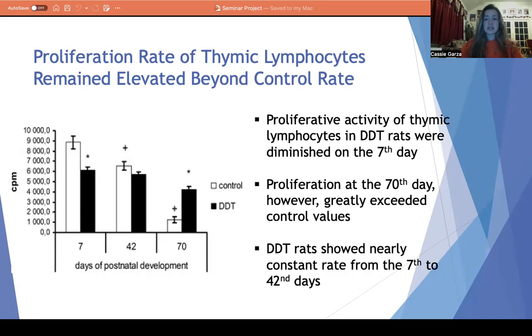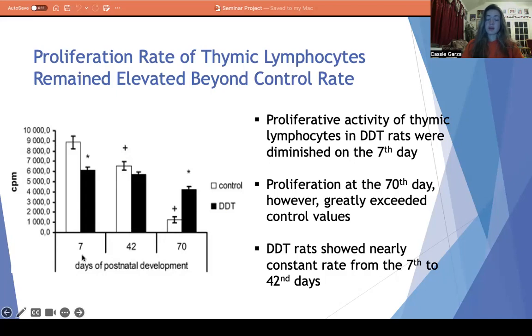So the sons of the mother rats that were exposed, those were the actual subjects. So it's more like a prenatal exposure that they received. What they did was they excised the thymuses of the male rat offsprings, and those were analyzed on the 7th, 42nd, and the 70th days.